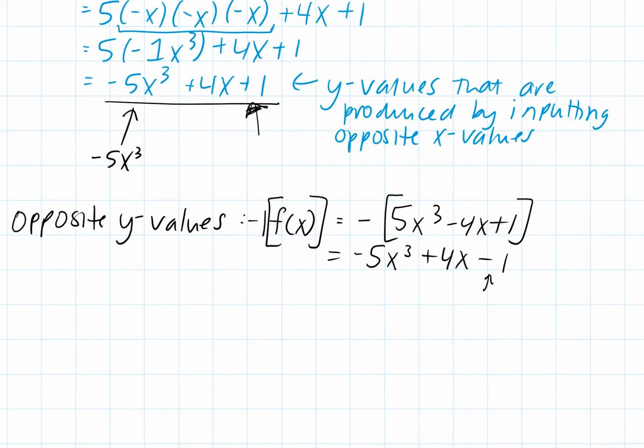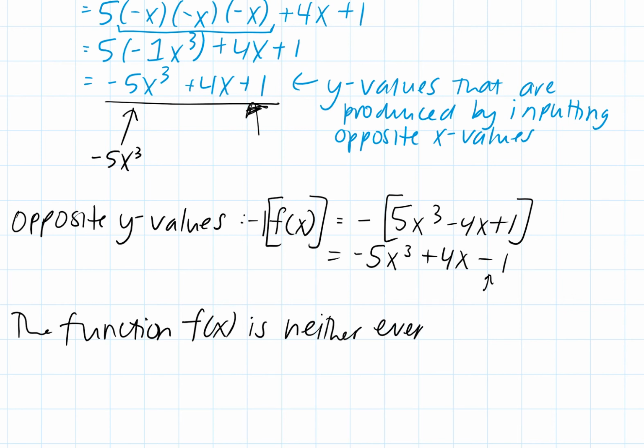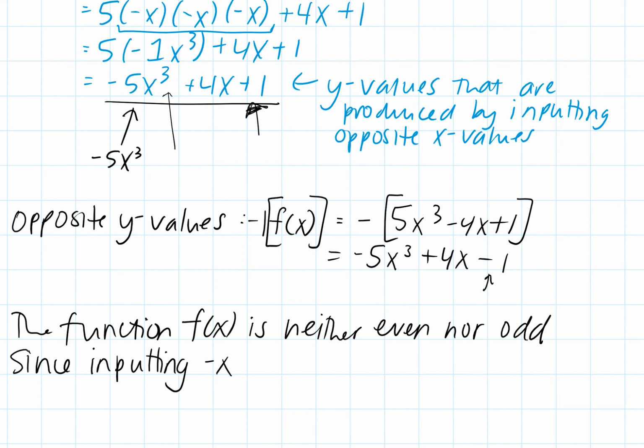So we conclude that the function f of x is neither even nor odd, even though it has an odd degree, a degree of 3, right? The function as an entirety is neither even nor odd, since inputting opposite inputs, right, negative x, produced y values.